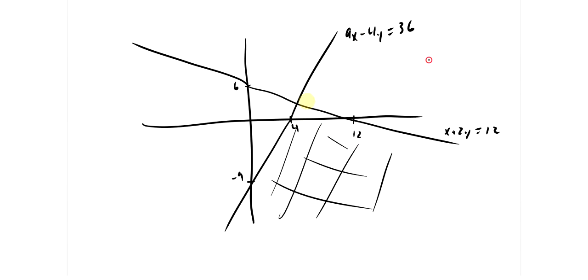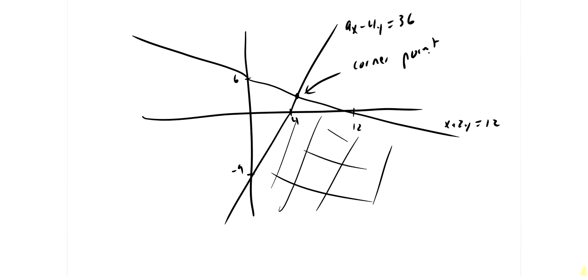We want to know what this corner point is. And so what do we know about a corner point? Corner point is the intersection of the two lines.